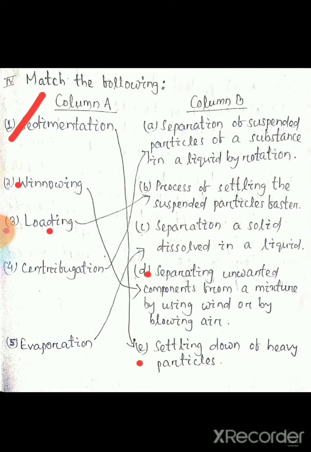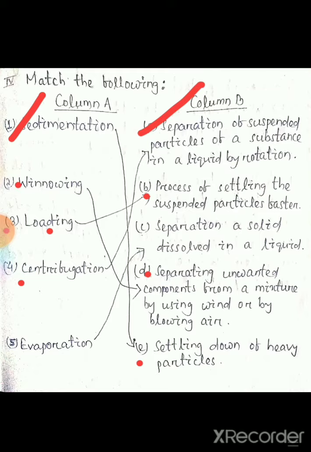Third word, that is loading. Loading is related to bit B, that is the process of settling the suspended particles faster. Fourth word, centrifugation. Centrifugation is related to bit A, that is separation of suspended particles of a substance in a liquid by rotation.